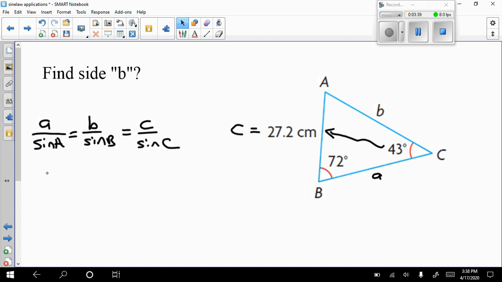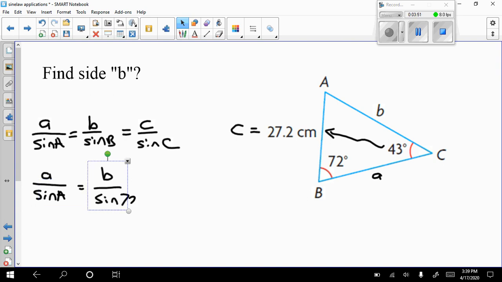I don't know what A is, but I'll keep it as A. A over sine A is equal to B, that's what we're trying to solve for, over sine of 72 degrees, and that's equal to 27.2 over sine of 43.